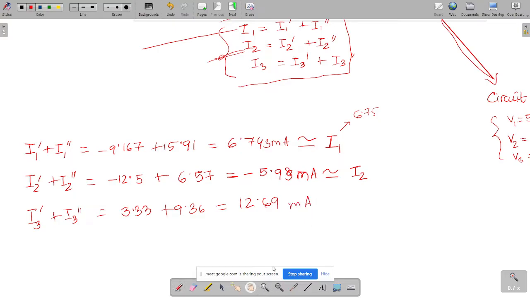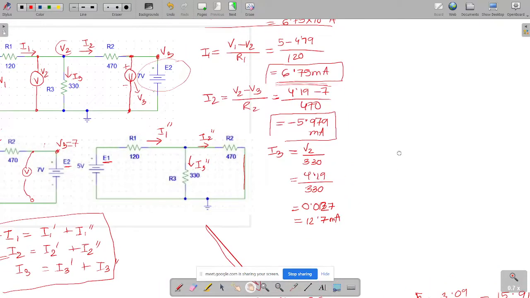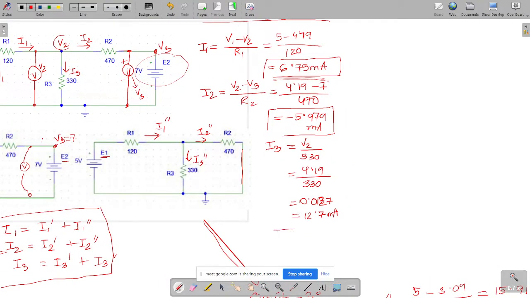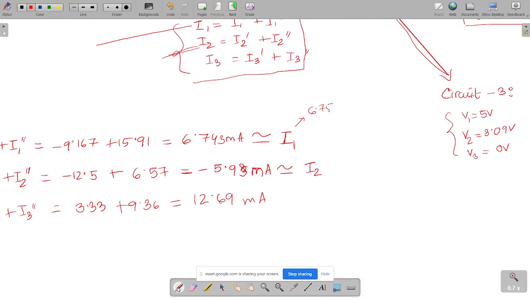So now let us verify I3. I3 was equal to 12.7 milliampere, right? So here we have found a very close value, so this can be written as equal to I3.